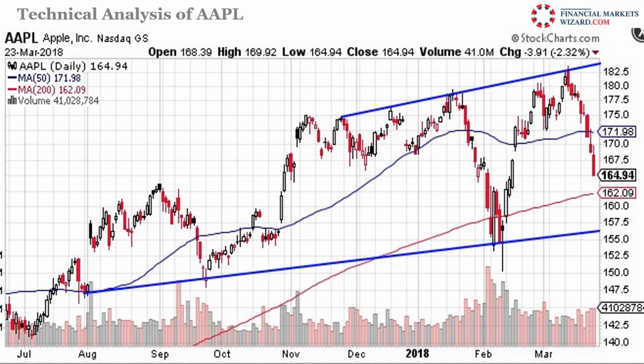It broke all the support. It's only one support left, which is a long-term support. If that is broken, then the bear market starts. So a lot of key stocks may hit the support at the same time, and that's where they start buying the stocks. When they start buying the stocks, then the indices start moving. So there could be a coincidence. I'll talk more about it and show you the chart. So Apple for now is going to 162.